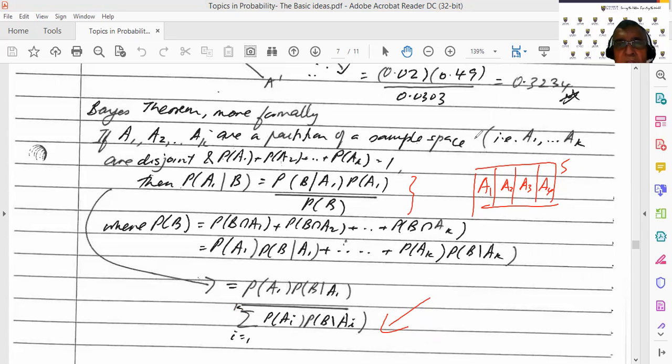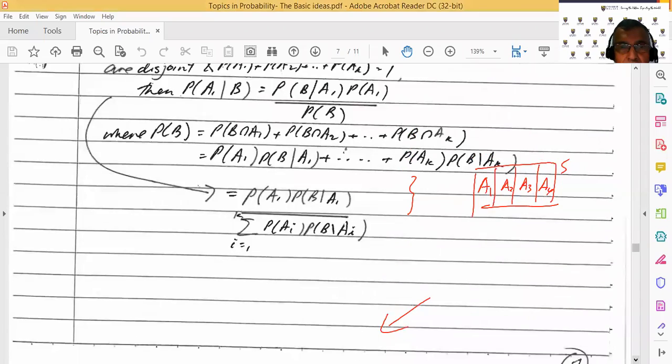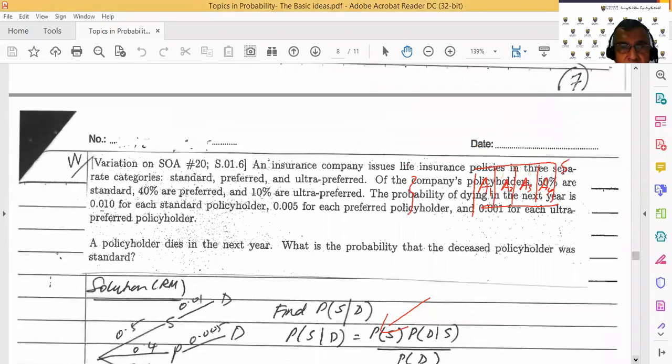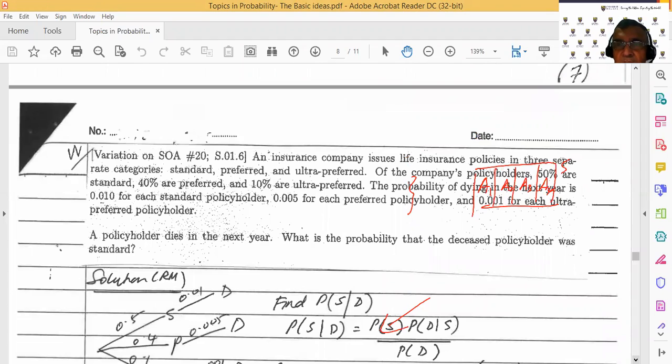Now, let me just briefly talk about one more example and then we'll move to other things. Maybe I can just talk to you about this question, and then you can settle this yourself. An insurance company issues life insurance policies in three separate categories: standard, preferred, and ultra preferred. We are looking at risk selection. Of the company's policyholders, 50% are standard, 40% are preferred.